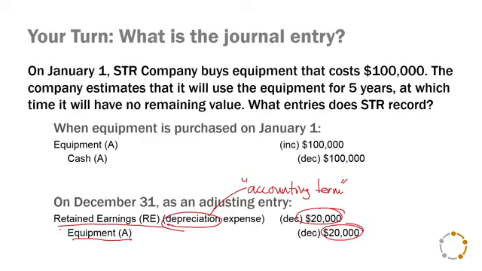We have $100,000 that we've spent on this asset. The company estimates that it will use that equipment for 5 years. So the cost of that equipment will be allocated over all 5 of those years because it will be helping to generate revenues in each of those years. There are many different ways that companies can use to allocate that cost.